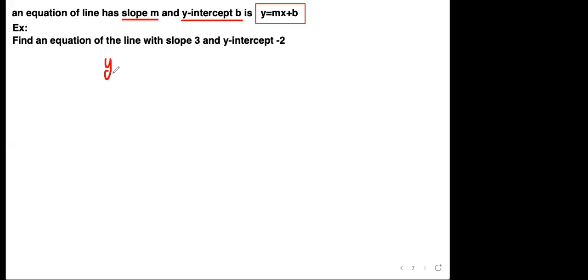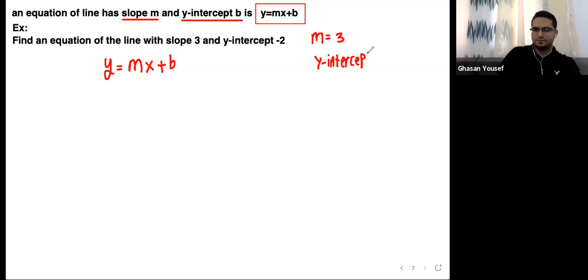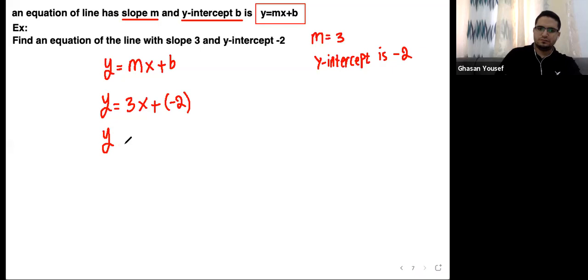So my equation is y equals m times x plus b. In this question, m is given as 3, and the y-intercept is minus 2. So now I get y equals 3x plus minus 2. So my equation is y equals 3x minus 2.